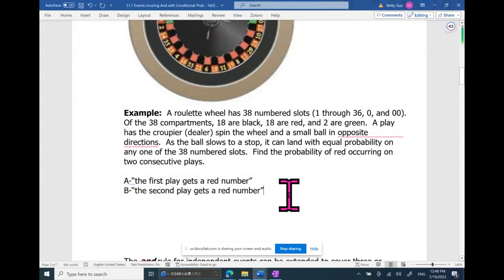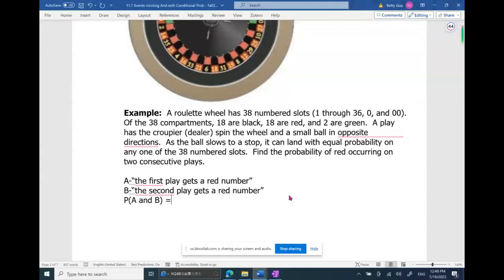So what are we looking for? We are looking for the probability of A and B. Do you agree? Properly using the notation to represent the English sentence describing the result is also very important. That's how you get started on the solution, right? Find the probability of a red occurring on 2 consecutive plays. So you have 2 plays, first play, second play. We are looking for the probability that both of the 2 times we get red numbers.